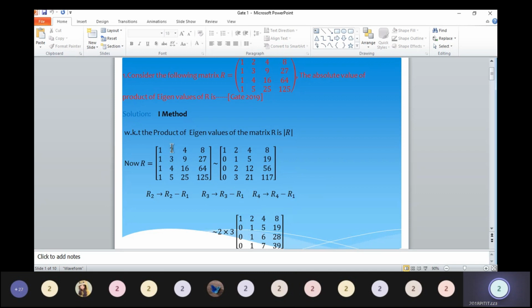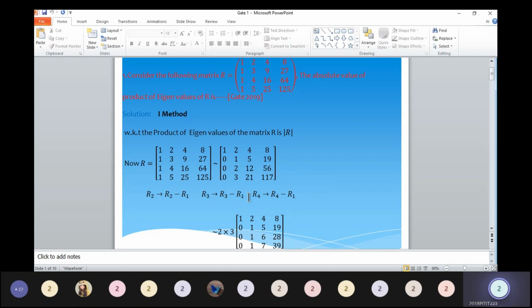So 3 minus 2 is 1, 4 minus 2 is 2. What I have done is R2 minus R1, R3 minus R2, so 4 minus 3 is 1, 16 minus 9. There are several methods to find it.